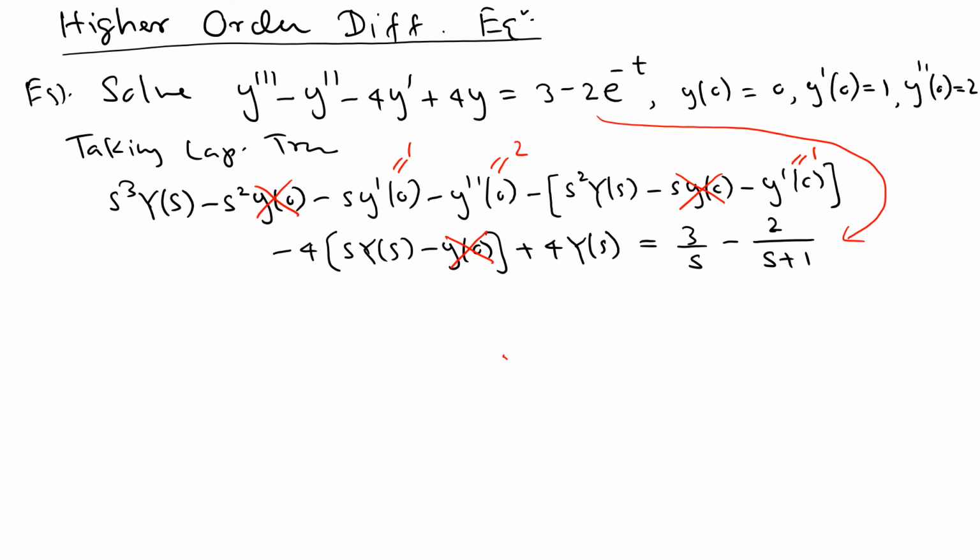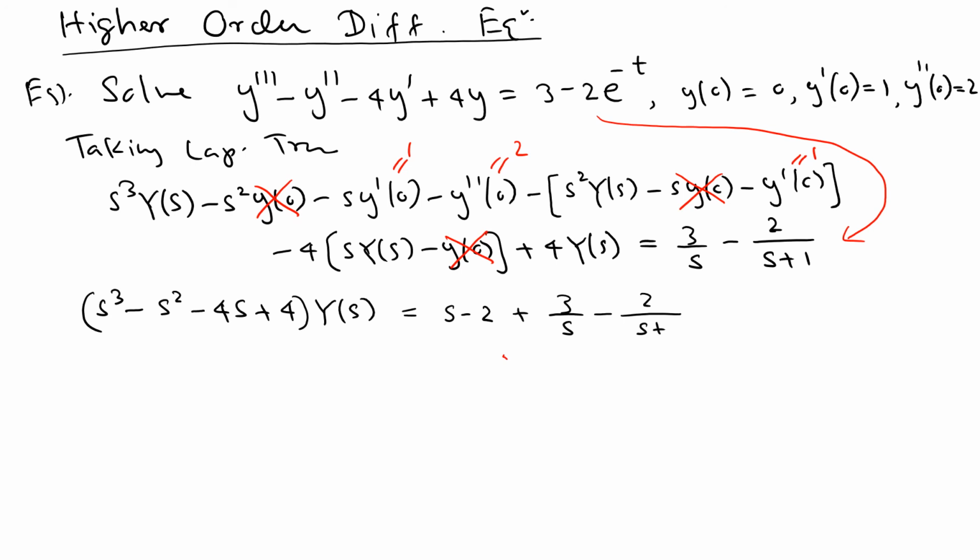Once you simplify, you get all the Y(s) terms: s cubed minus s squared minus 4s plus 4. You can see this is the exact same characteristic equation with lambda replaced by s. I'm going to move the other terms to the side, so we get s minus 2, and then we have 3 over s minus 2 over s plus 1.